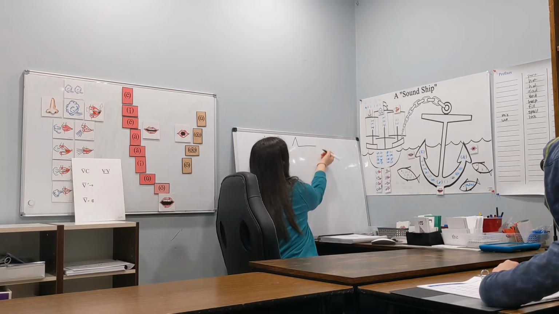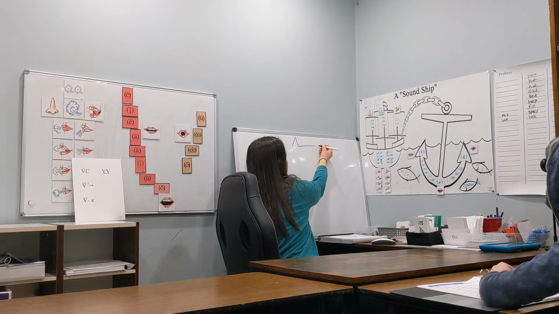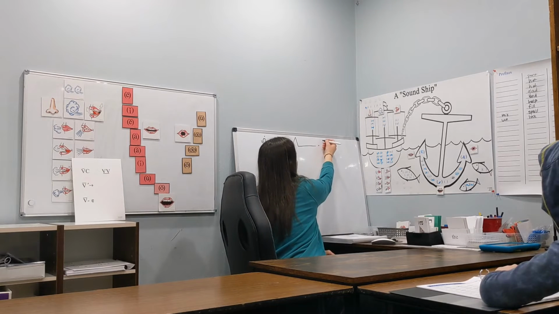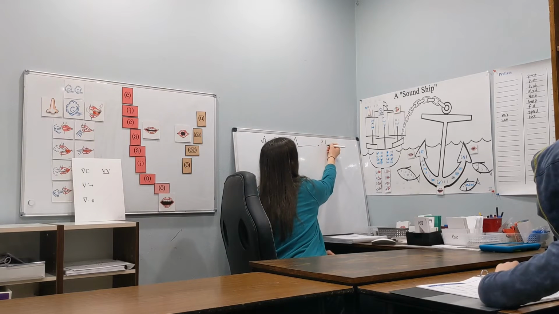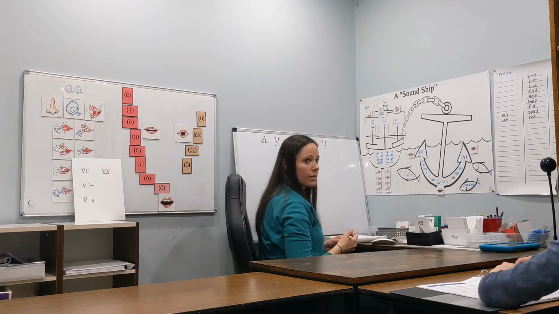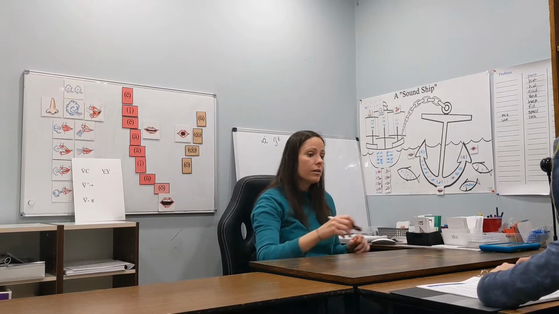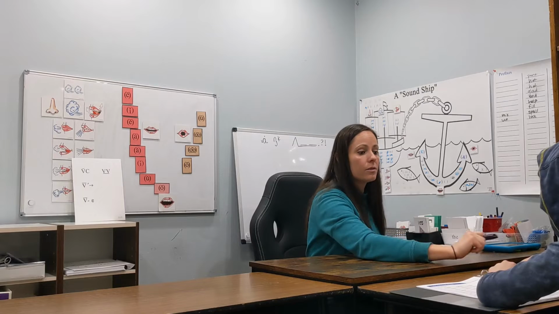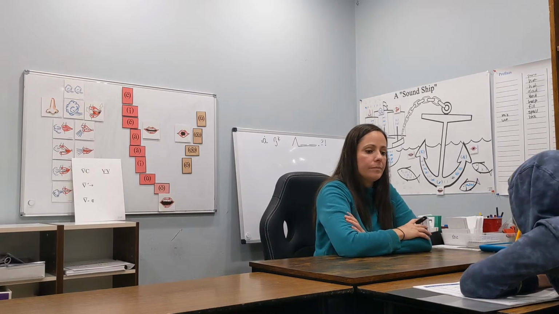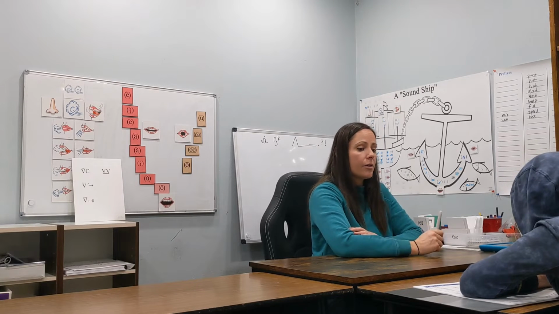And ends with a punctuation mark. And the ones we know are period, question mark, exclamation mark. And it always has a complete thought, a subject, and a predicate. Alright, we're gonna code line 1. Go ahead and do line 1 and then I'll check it. And remember, you can underline digraphs.